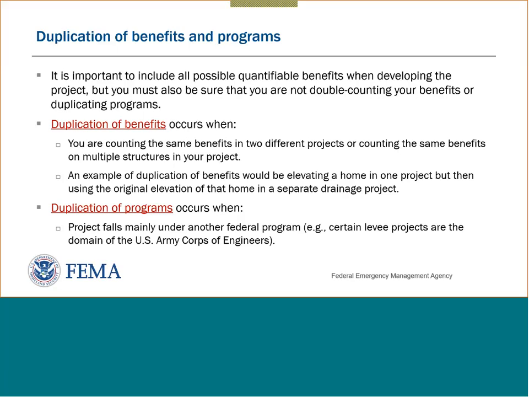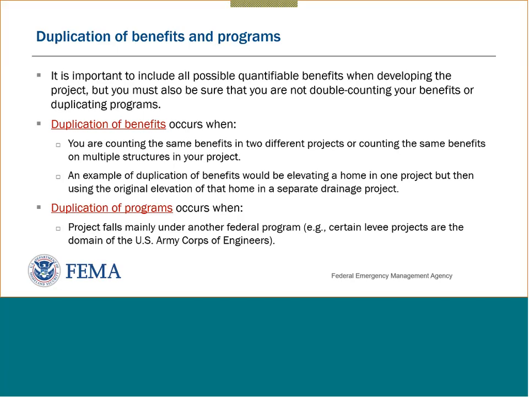So duplication of programs occurs when your project might fall under the authority of another federal agency, or said another way, this other federal agency may have primary responsibility for the project type. For example, certain levee projects really are the domain of the U.S. Army Corps of Engineers.